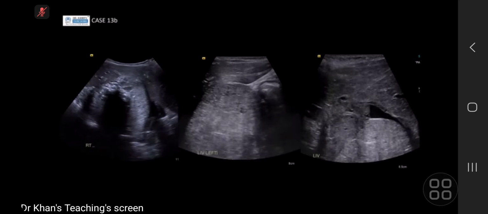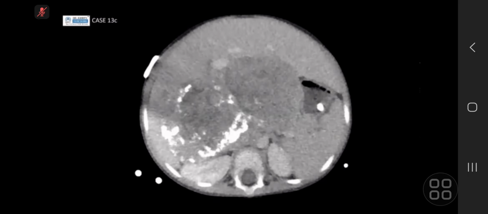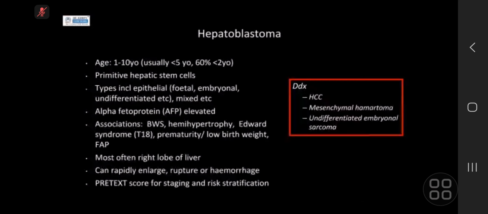So it's an imaging defined risk factor. You can't just say it's thrombus because of compression by the mass. It's defined as tumor thrombus and invasion in hepatoblastomas. So it's really important that you assess the vessels if you are reviewing the case for an exam or even just clinically reporting on it. Okay, thank you for that.